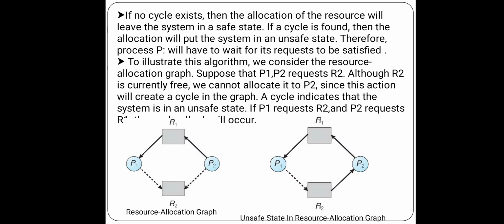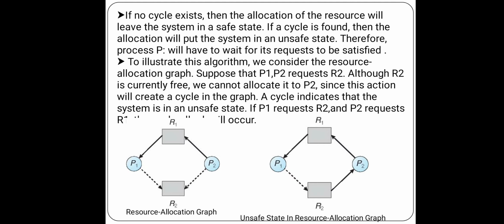For a better example, we can consider the resource allocation graph. You observe the graph here. Suppose that here we have two processes and two resources. P1 and P2 request R2.